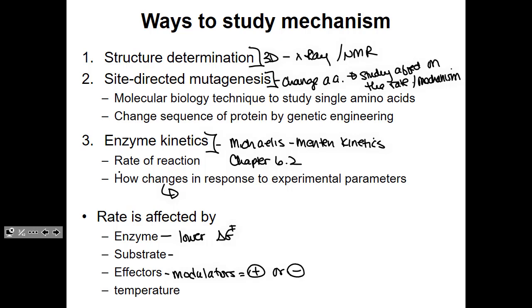And we'll talk about this again at the end, we'll talk about inhibition of enzyme kinetics, as well as temperature. They can be affected by temperature.